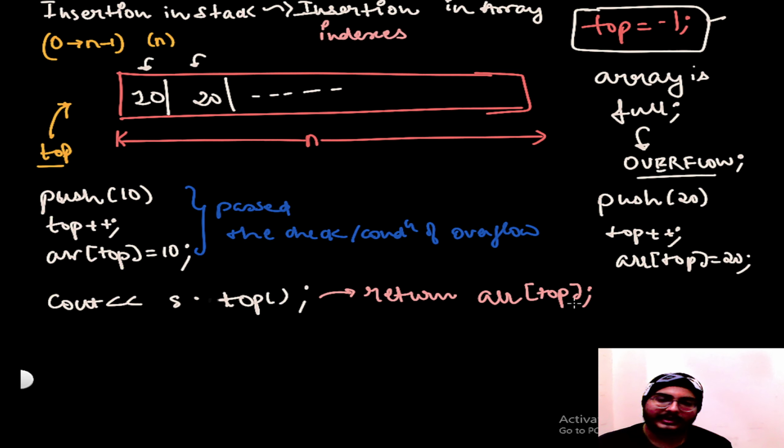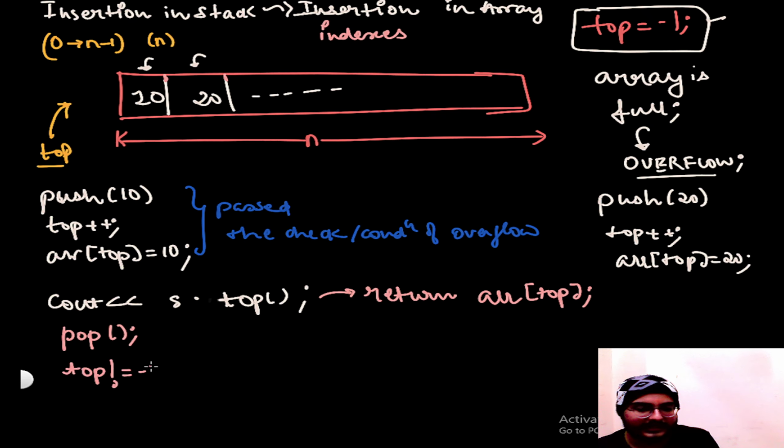Okay, now when this is implemented, there is another function which needs to be implemented, which is pop. Pop does not take any parameter, it just says that I have to delete this element. Now understand this. If I am calling this function pop, I check whether top is not equal to -1, meaning my array is not already empty.